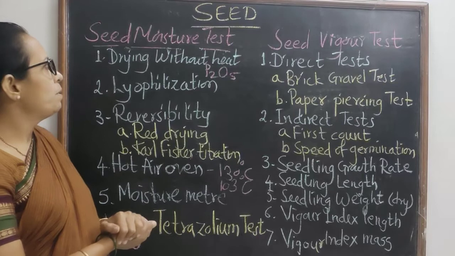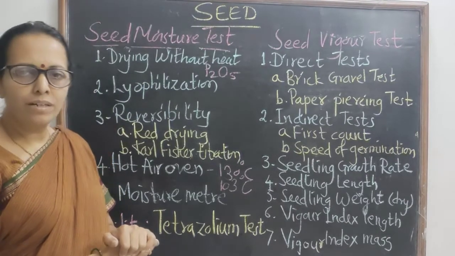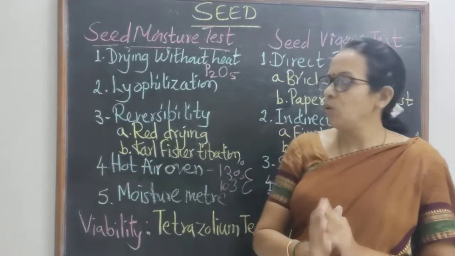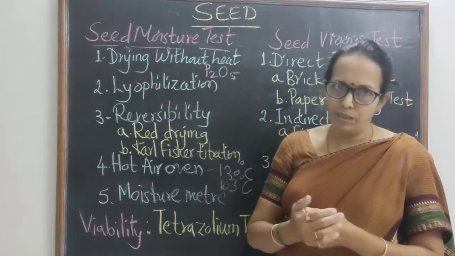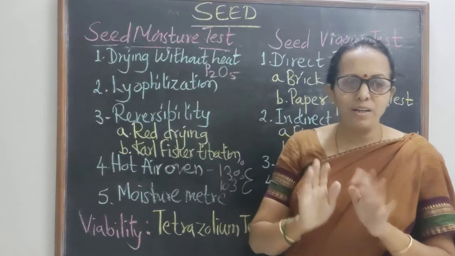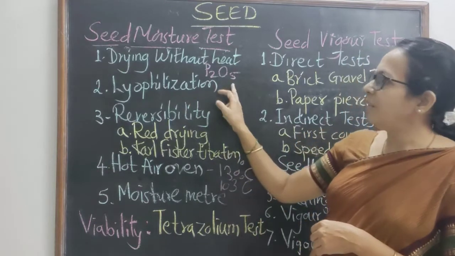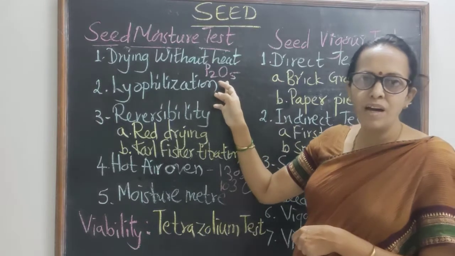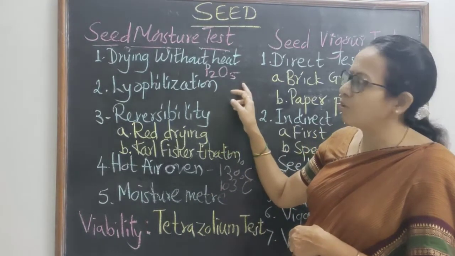The first method is drying without heating. Here we are not going to heat the seeds using an oven or anything else. The seeds are just kept at normal temperature conditions, but a desiccator is used, like phosphorus pentoxide, so that moisture is absorbed from the seeds.